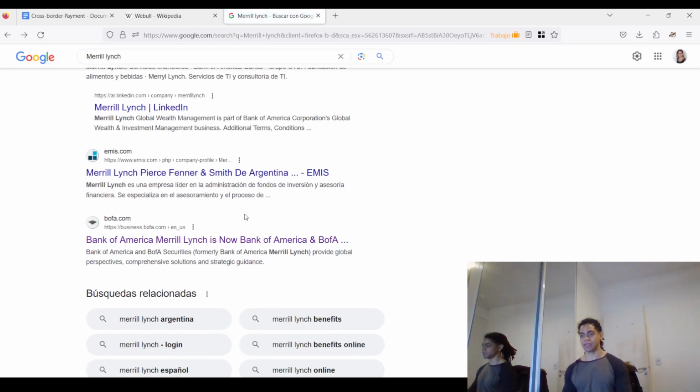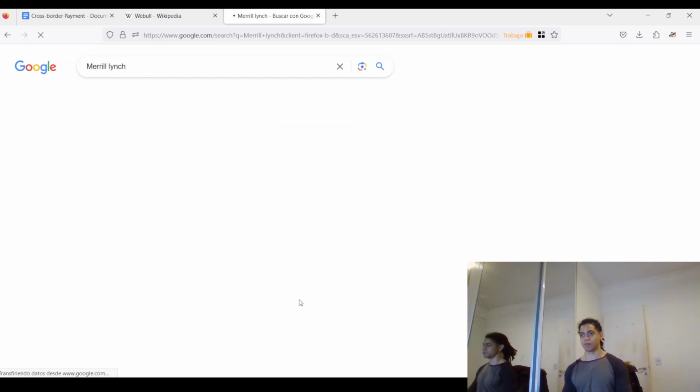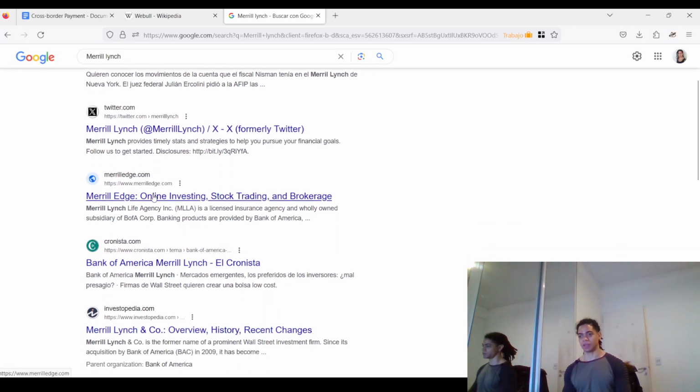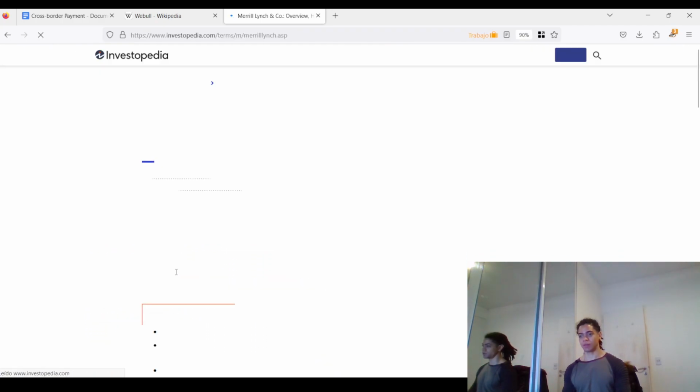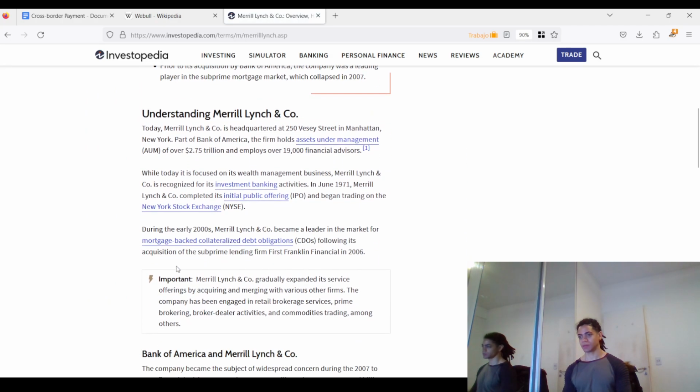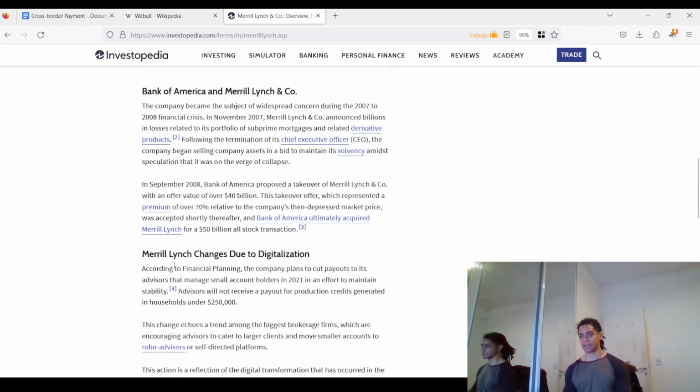Okay, so Merrill Lynch merged into Bank of America. So Merrill Lynch no longer exists, or it was acquired.